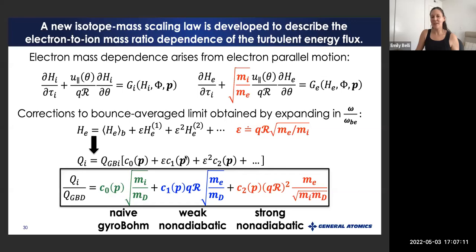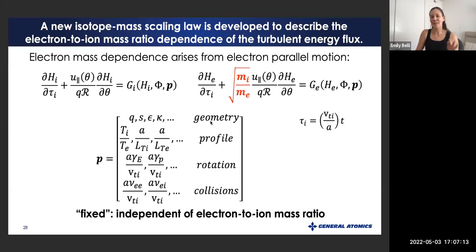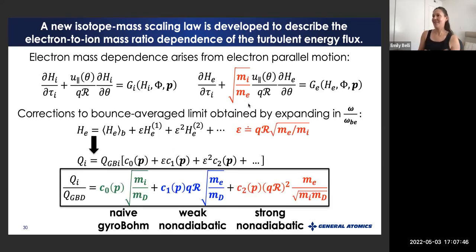But the C here is representing all of the other parameters, including the turbulence drives, like the ion and electron temperature and density gradients, and any rotation or collisions that might affect the specific level of the turbulence, but definitely not including any kind of electron mass ratio effects. So the particular point was just to isolate that the only time you can really see this mi over me is outside of the C's.